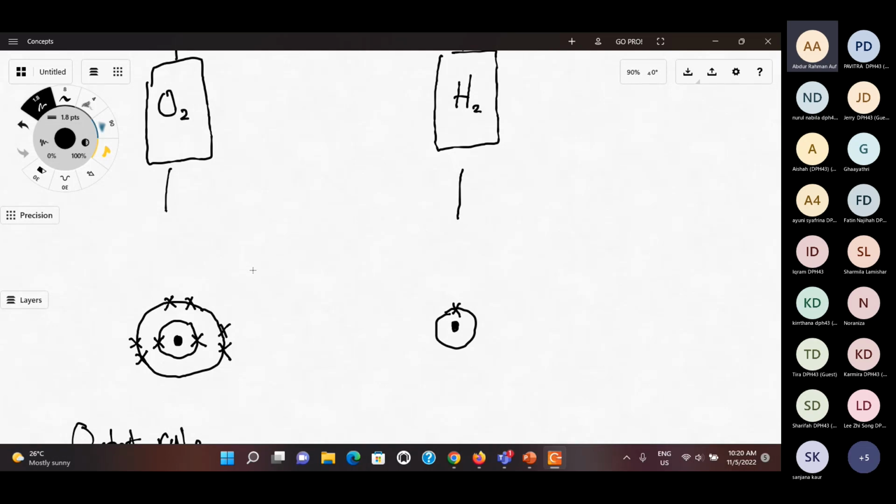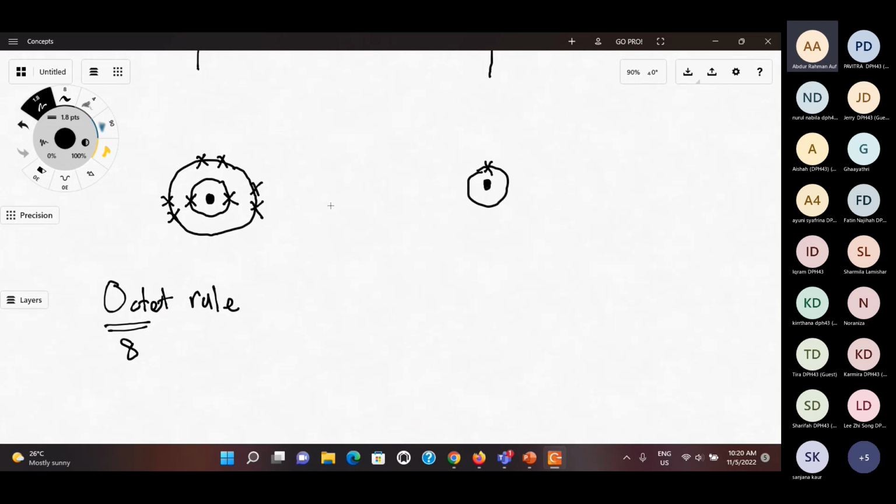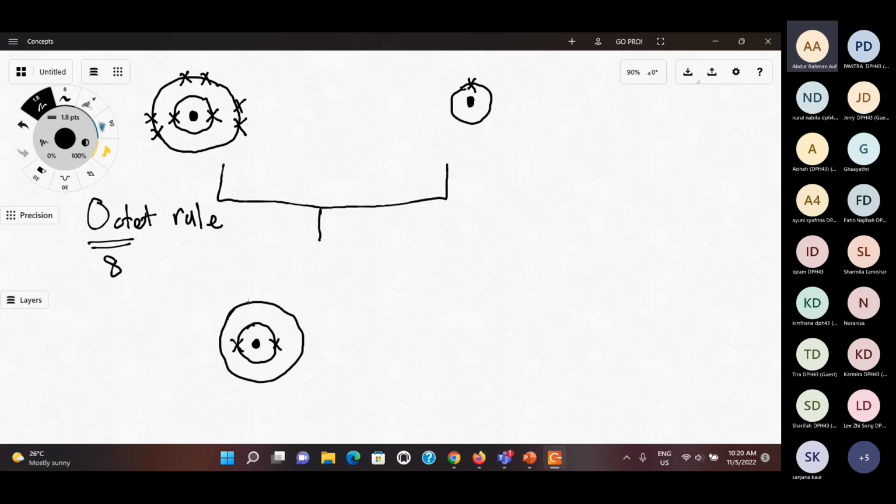If they are close enough, they can share electrons with each other. Imagine it wants to complete its shell, its orbital. Imagine this orbital of oxygen that has 2 and 6: 1, 2, 3, 4, 5 and 6.